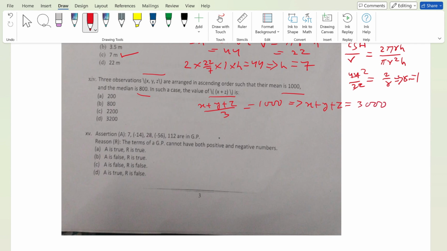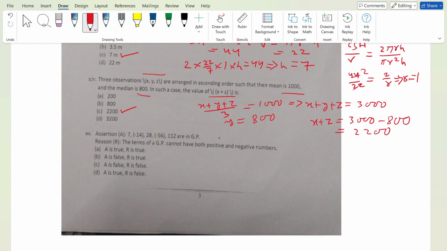Median is given 800, that means the middle one is 800, so y equals 800. Now x plus z equals 3000 minus 800, which is 2200. Answer is 2200.